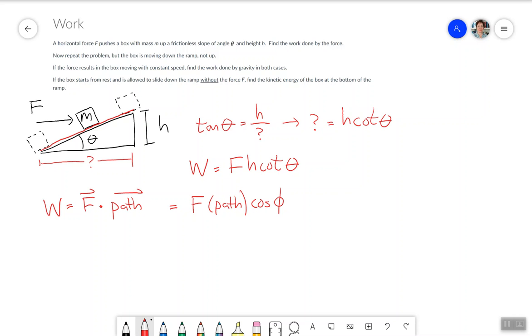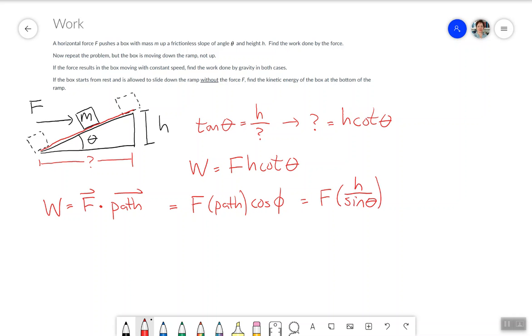that means that the path is going to be, let's use sine. So the path is going to be h times sine of theta. Nope, other way around. The path is h divided by sine theta. Used to finding components of vectors, sine theta is h over that path. And so the path is h over sine theta.